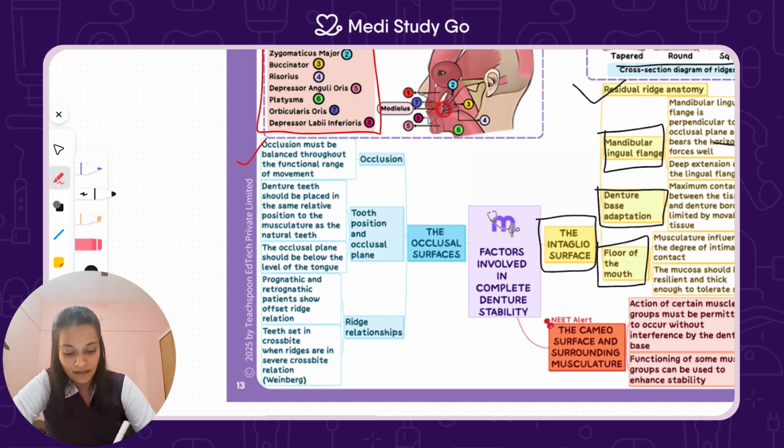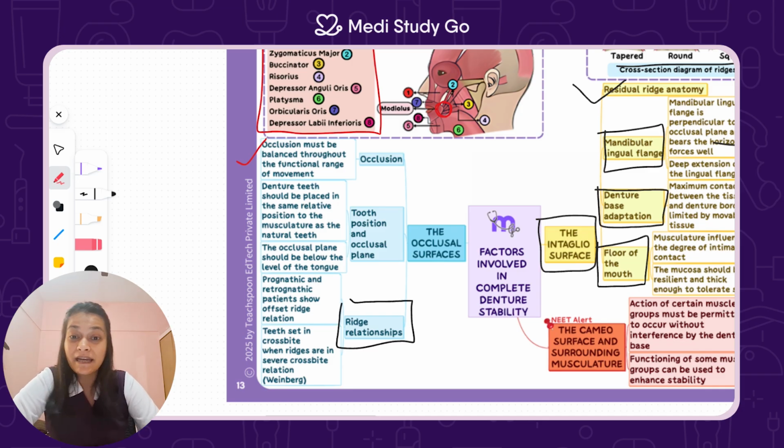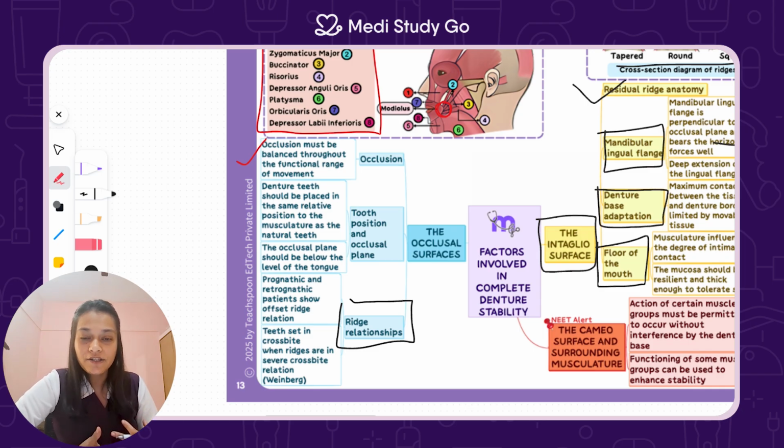And the ridge relationship. I have been repeating this, that whether it be pre-prosthetic surgery or giving occlusion, we always desire that we get it in a class 1 relationship. Now at times you would say that you had a patient and you had to give a class 2 or class 3 type of arrangement. Why did this happen?